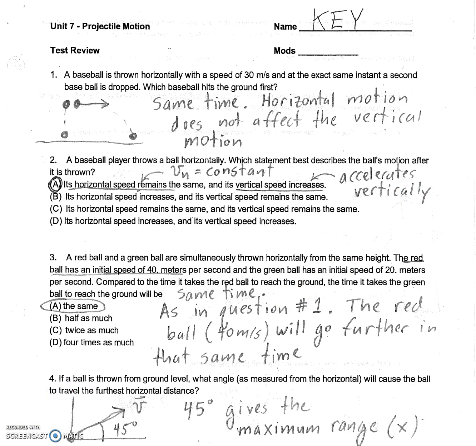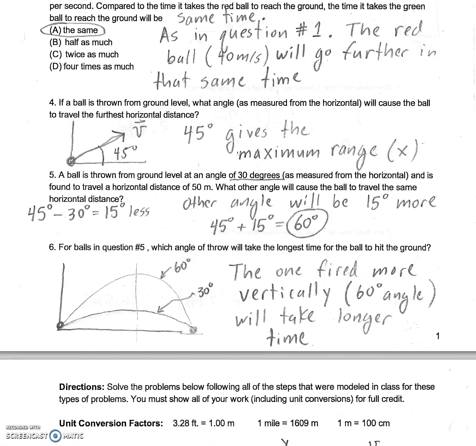Let's look at question number 4. Okay, question number 4 says a ball is thrown from ground level. What angle, as measured from the horizontal, will cause the ball to travel the furthest horizontal distance? So we need to remember the simulation that we did on the computer yesterday, and we talked about today in class.